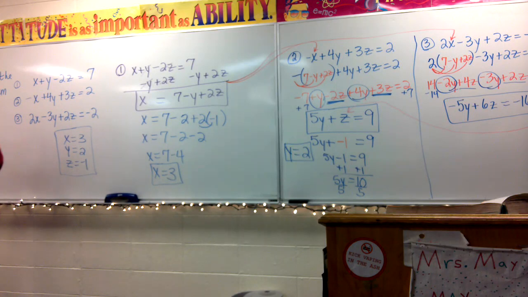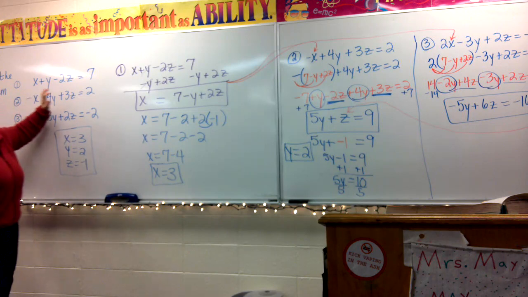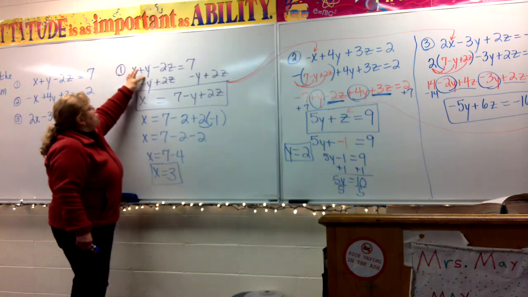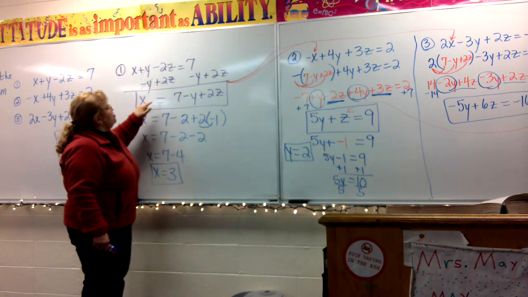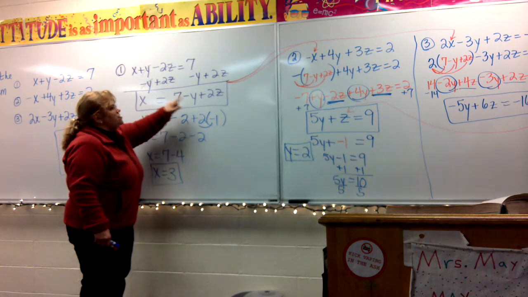So here's the general idea. One more time, look. 3 equations. Pick one for substitution. I picked equation number 1, and I subtracted y, and I added 2z, so that I have x equals.